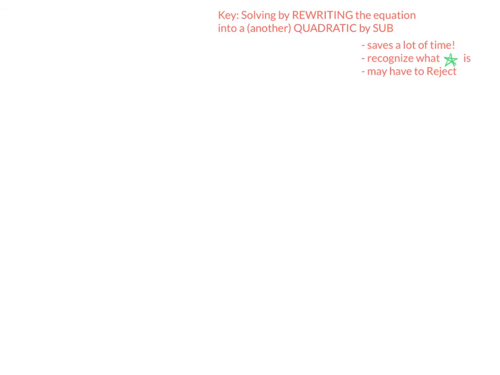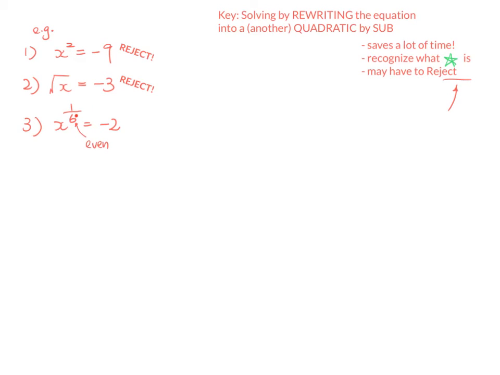Now, speaking of rejecting some answers, I could give you some examples. For example, a square cannot be negative, and a square root cannot be negative. And if the denominator of the power is an even number, it's also rejected. This is just a particular case of this, because square root of x is just x to the power of 1 over 2.